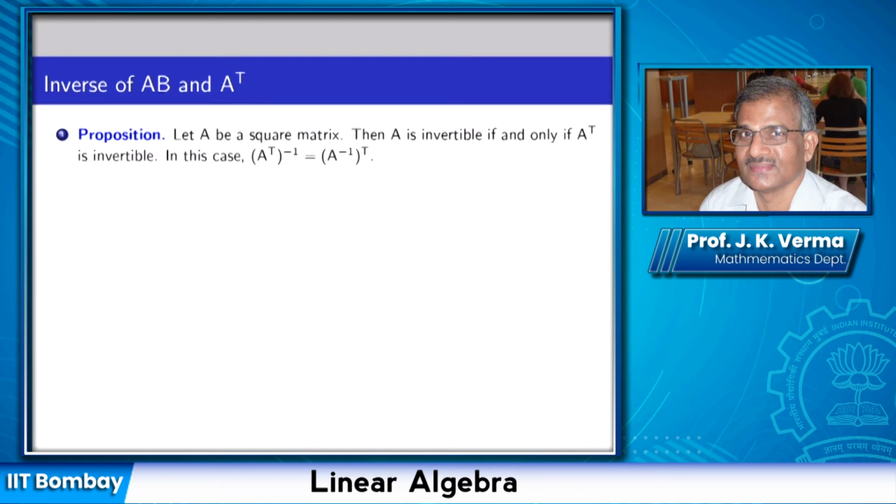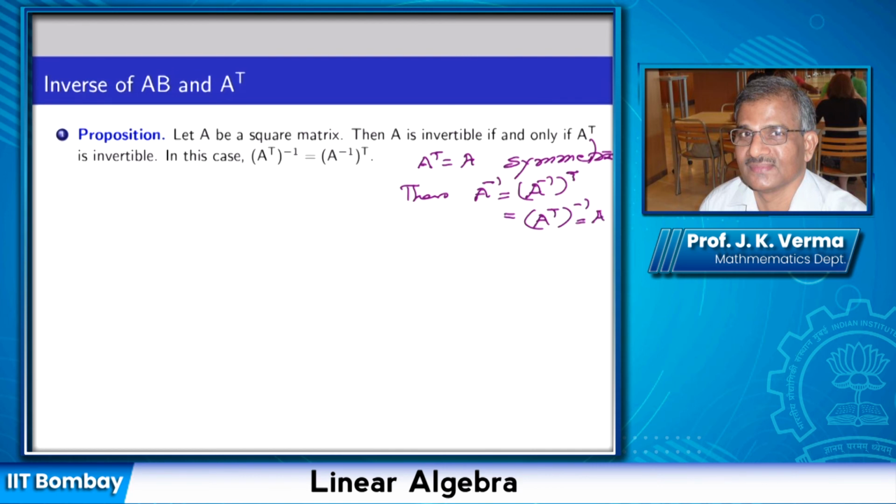One consequence of this is that if A transpose is A, which means it is a symmetric matrix, then A inverse will also be symmetric, because A inverse is equal to A transpose inverse, and A transpose is A, so it is equal to this.